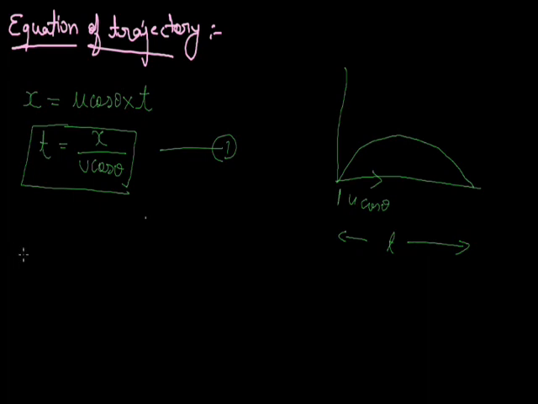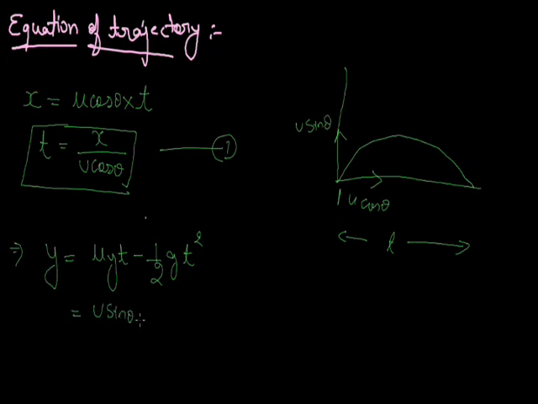Now the vertical distance y is equal to uy t minus half g t square. Here uy is u sin theta. That means u sin theta into t minus half g t square. What is t?